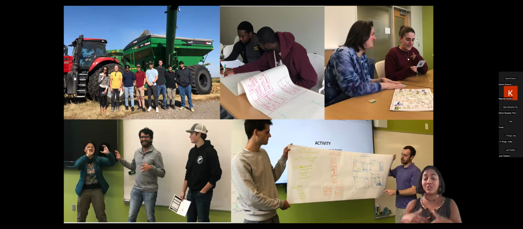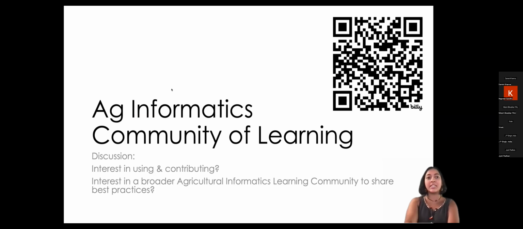And so we toned it down, and now I just have the occasional guest lecture whenever I have somebody that talks about something that fits perfectly with the content that we're trying to cover, especially if you have real world use cases. But I'm really hoping to see if there's broader interest in using and contributing to this course, and really thinking about if there's broader interest in an ag informatics learning community where we might even be able to share best practices and challenges we run into as we use this course.